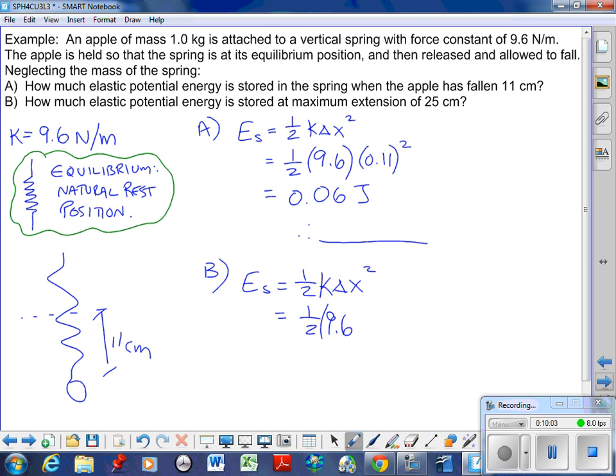It's 9.6 times 0.25 squared. Punch that through the calculator. And we find that 0.3 joules is that maximum potential energy, because after 25 centimeters, it means my spring's going to break or bust. So there you go. Simple example there.